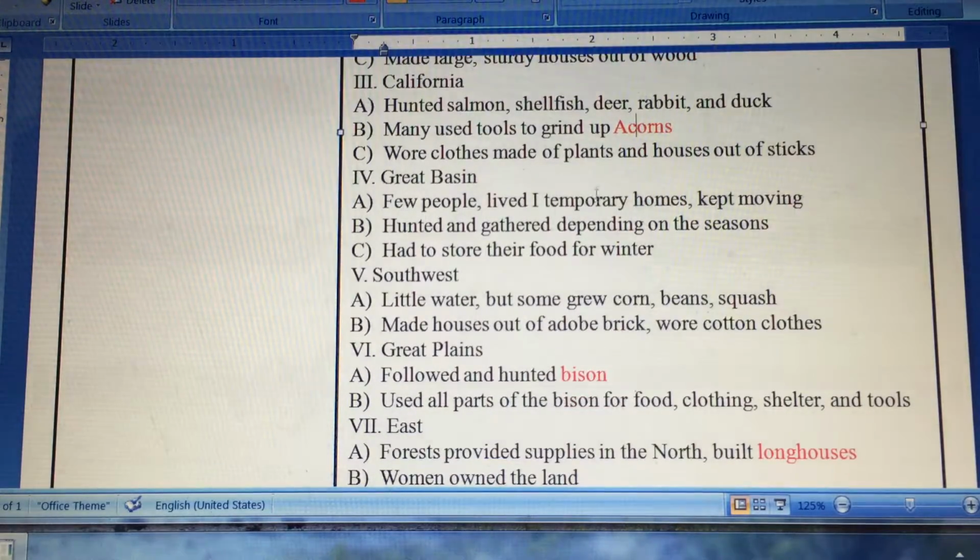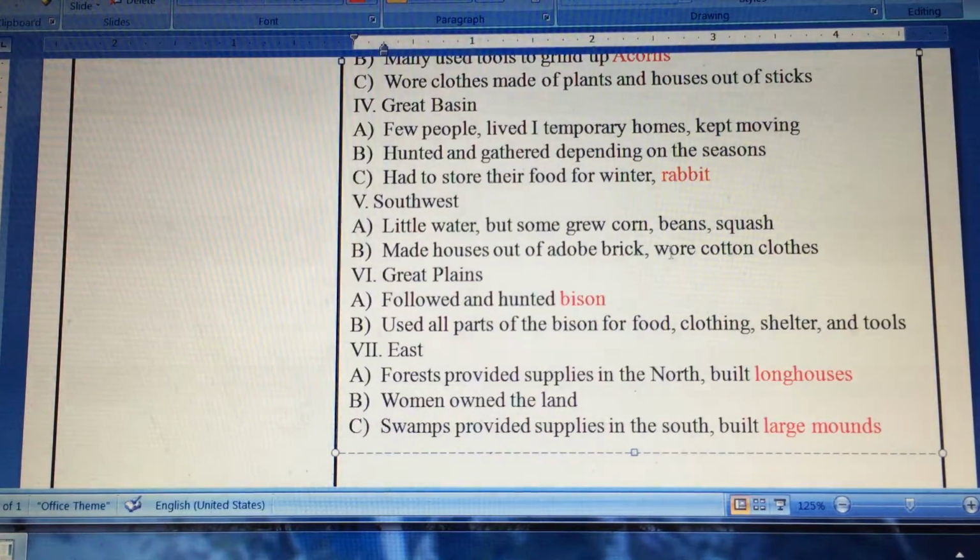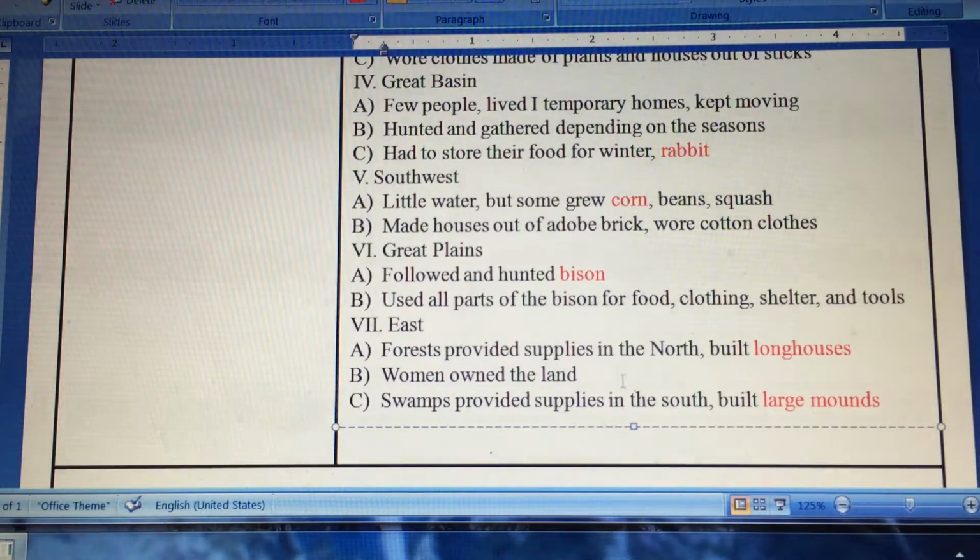Great Basin, we didn't really mention anything, but I'm going to add rabbit, because the textbook mentions that rabbit was a big source of food for them. Okay? Southwest, corn. And the East, I'm not going to ask you about the East because they had lots of different kinds of food.